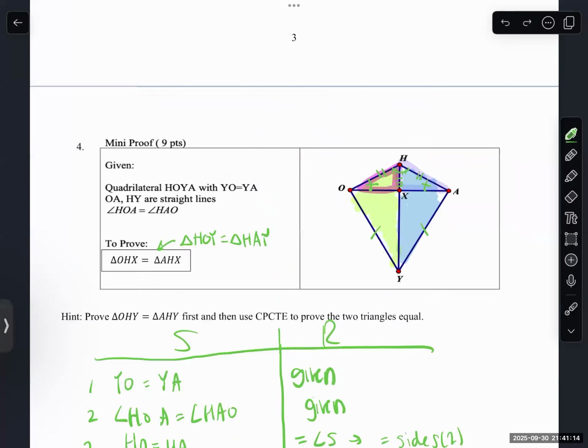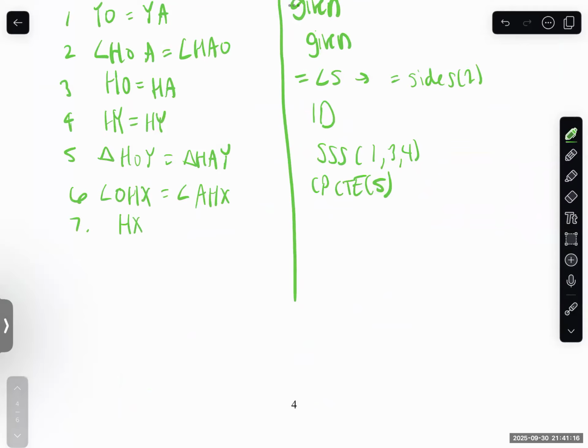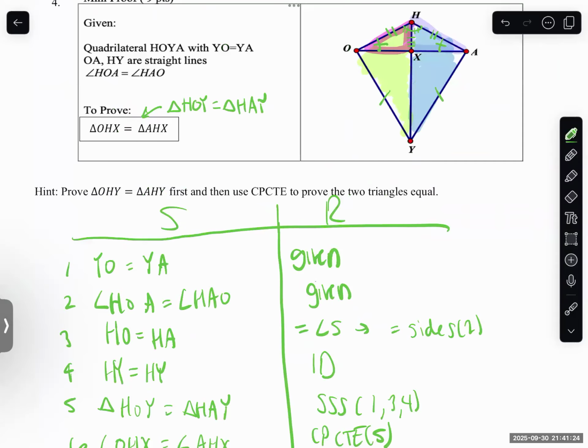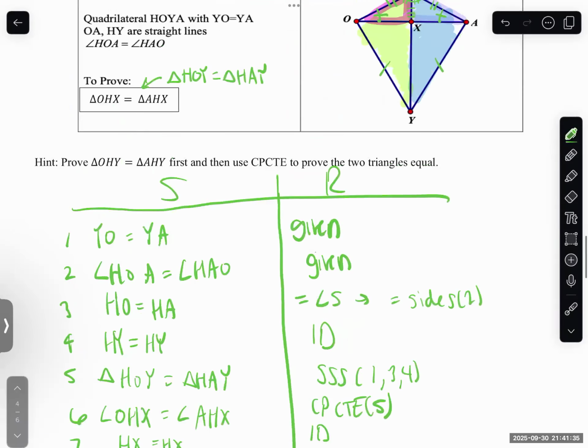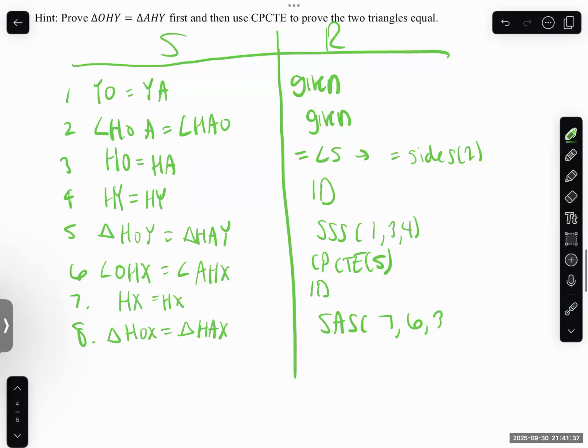And I did exactly what I wanted to do. And that's it. Triangle HOX is equal to HAX by SAS, lines 7, 6, and I think it is 3.